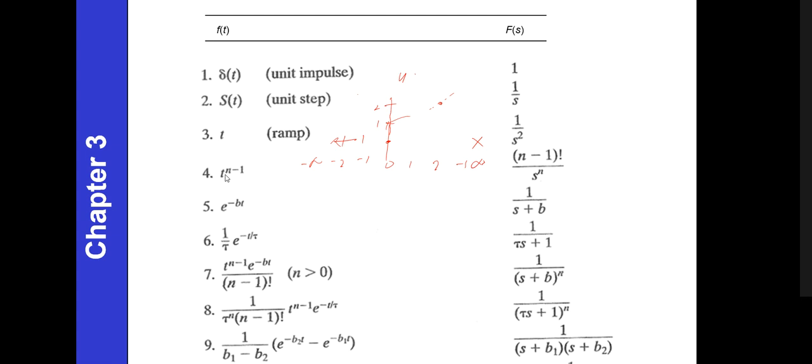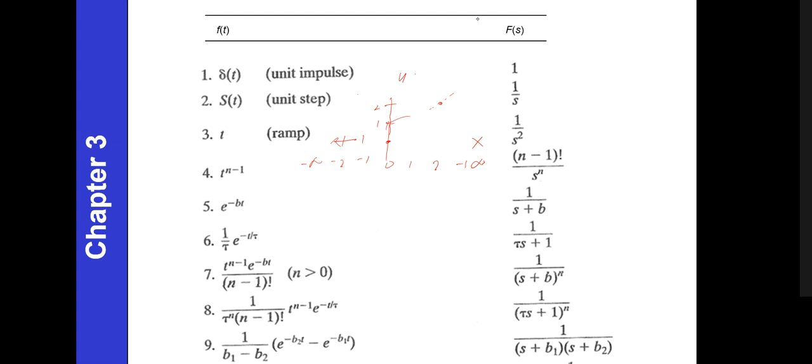So if you have t to the n minus 1, that's n minus 1 factorial over s to the n. If you have e to the negative bt, same with our example number 2, we have 1 over s plus b. So b here could be any number.